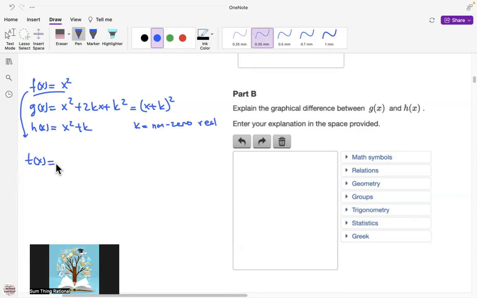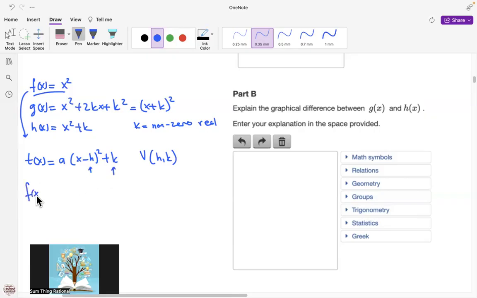For example, t of x. T of x is x minus h square plus k. As you remember, the vertex of this function is the coordinate point h comma k. So what is the role of h here and what is the role of k here?